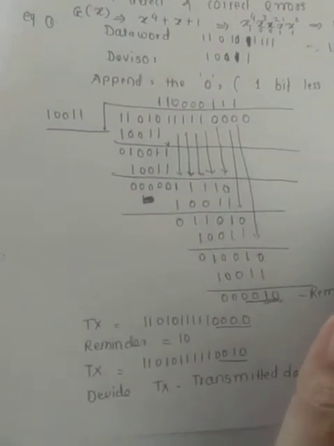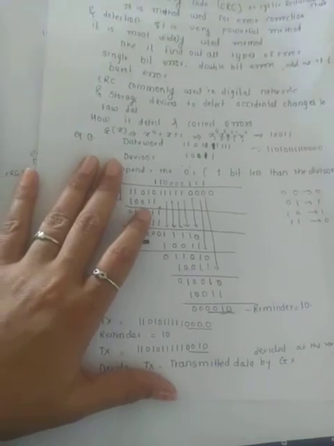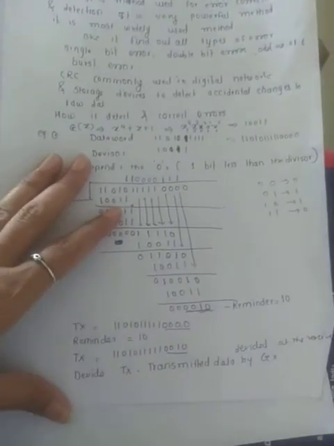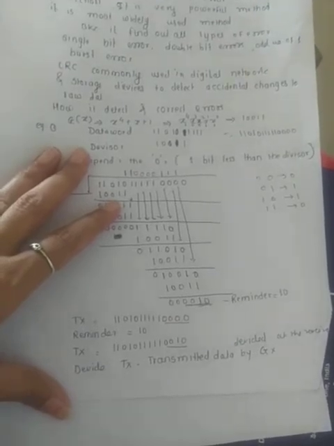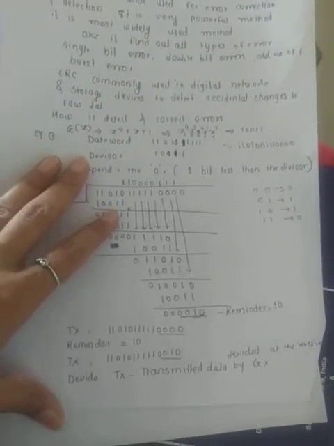Now we want to check whether the data is error free at the receiver side or not. For that we have to perform the second step. In that we divide the transmitted data by the generator polynomial, using the divisor.